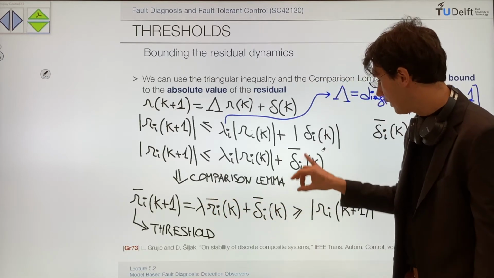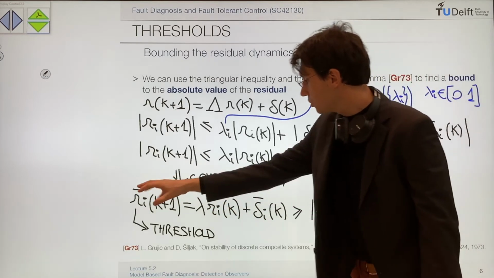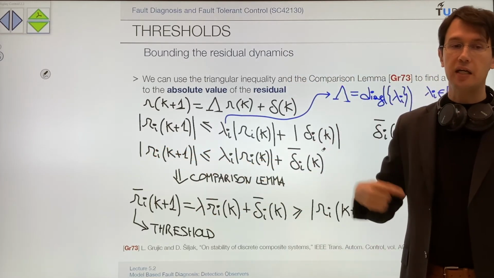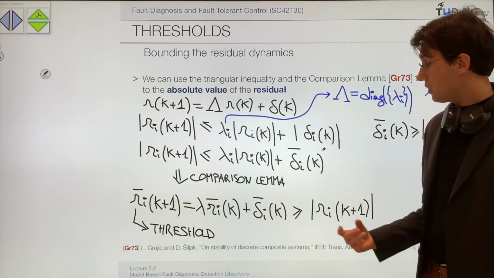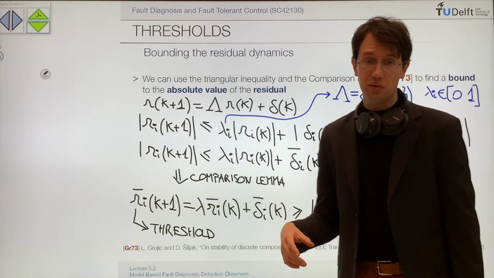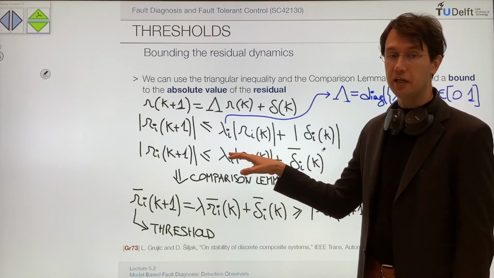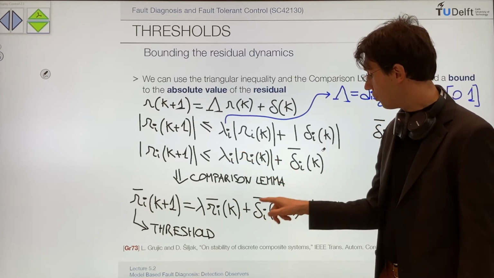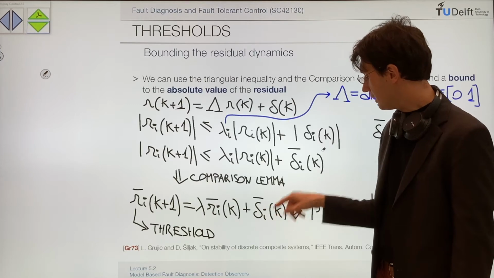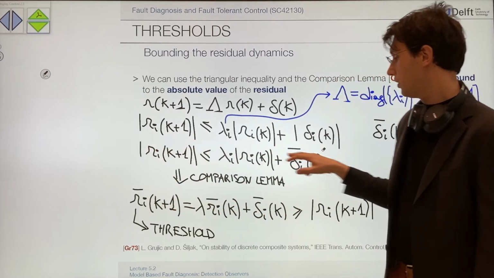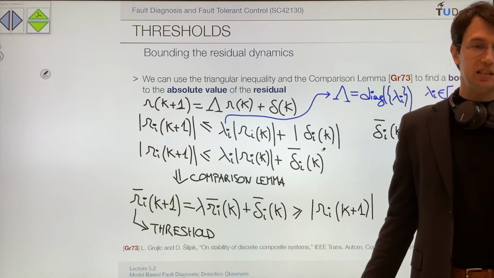We add the same thing at both equations. The solution of this one at time 2 is bigger than the solution of the original equation at time 2, and so on. So basically, the comparison lemma tells you that if your initial conditions are bigger than the initial condition here, and your input is the same, then the solution of this one is bigger than the solution of the original equation. And this is our threshold.